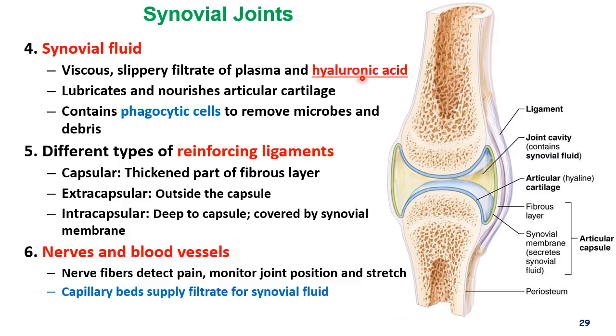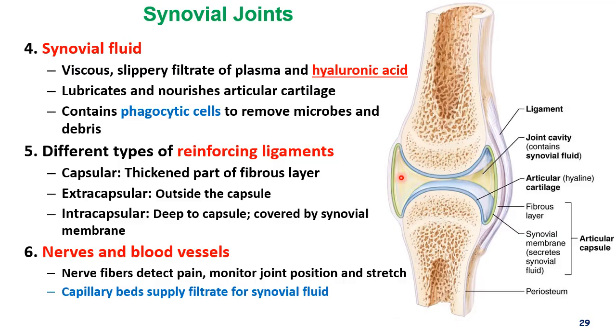Okay, because certain bacteria will lead to arthritis. So if you have your immune cells that are taking care of or destroying the bacteria, you can protect your joints from bacterially induced arthritis. Okay, so you have a lot of hyaluronic acid, and you also have those phagocytic cells.